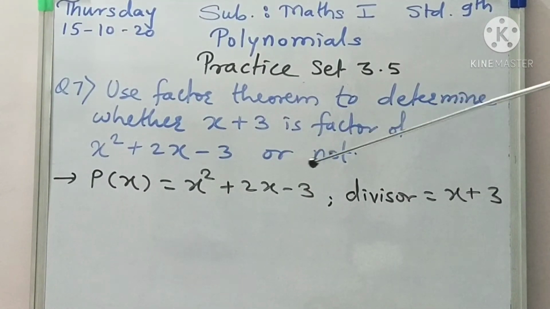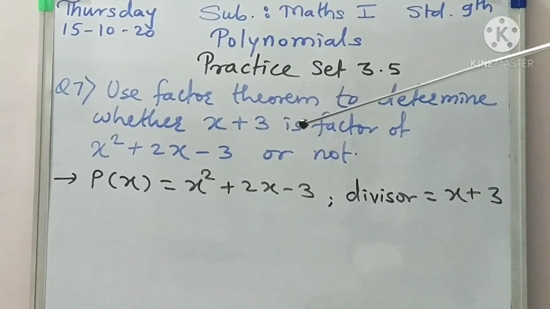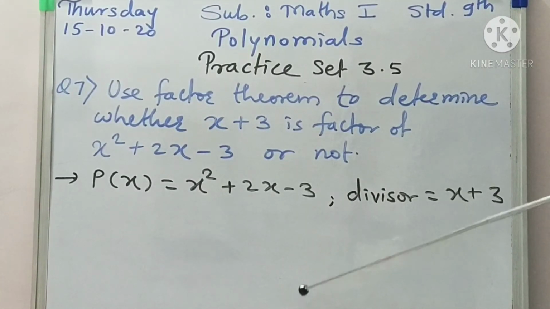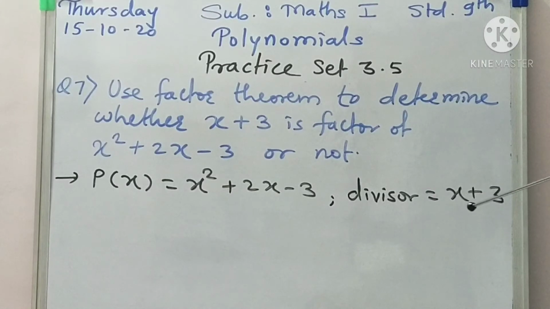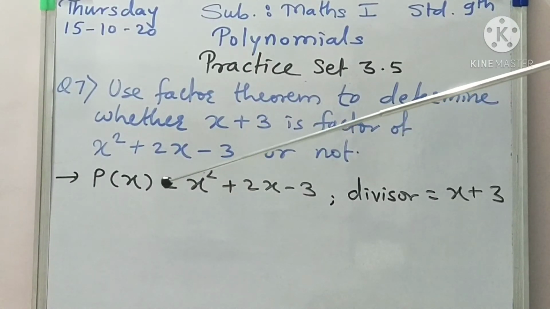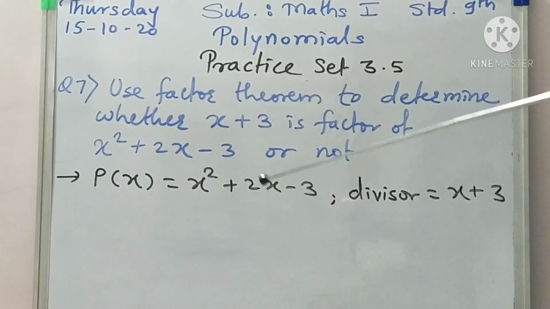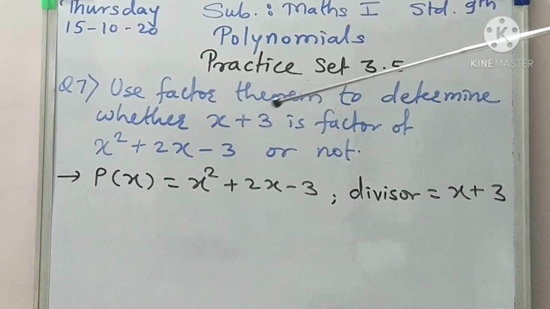Using the factor theorem, students, we find the remainder, and if the remainder value is 0, then we say that the divisor x plus 3 is a factor of p of x, meaning the given polynomial. So how do we find the remainder by the factor theorem?